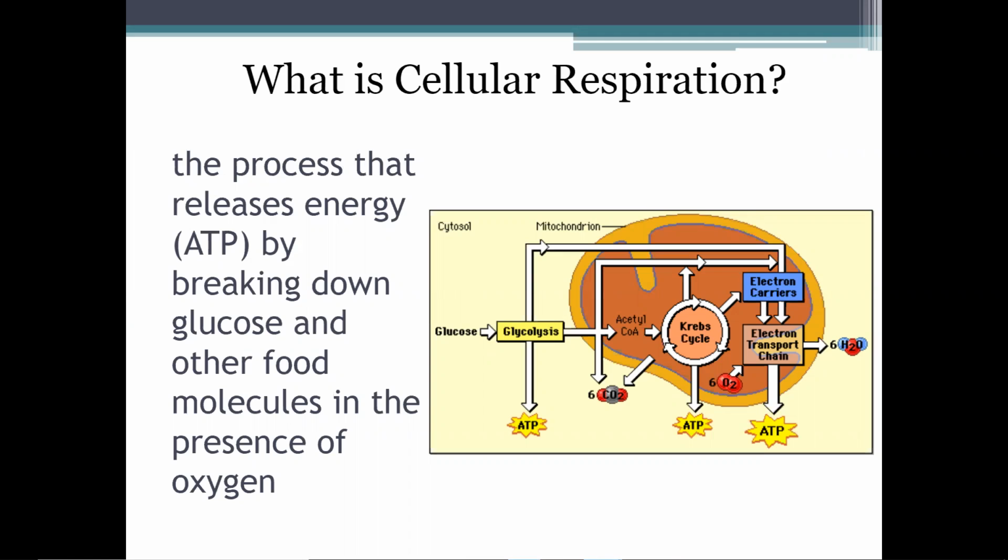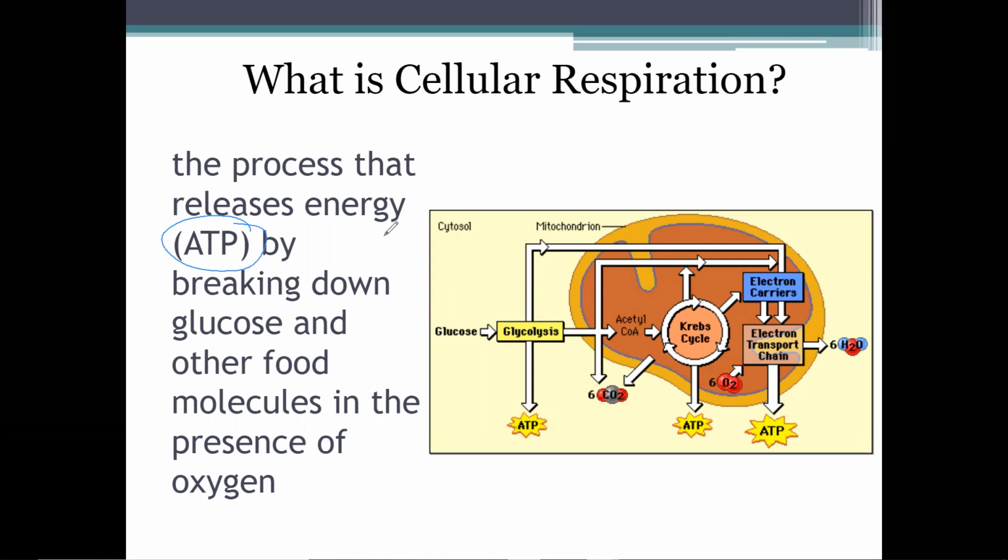So specifically, that energy that's produced by cellular respiration, we call that ATP, which should not be a foreign term to you. ATP is also involved in photosynthesis, and we call that adenosine triphosphate.